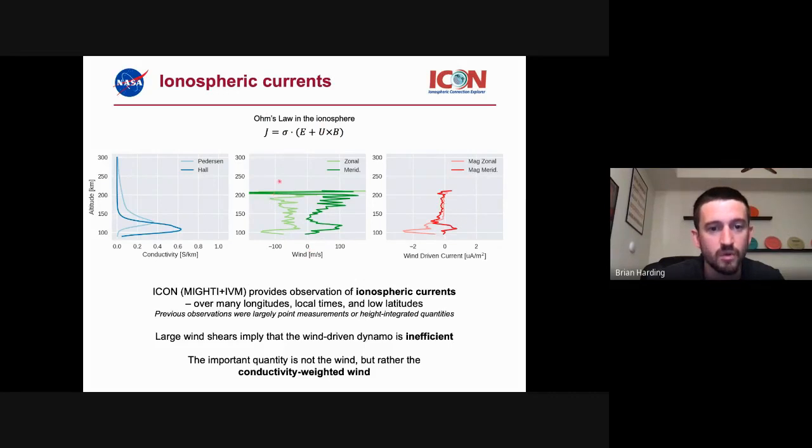So here's a wind profile, and then here's the wind-driven current. And then when you add IVM, you can get the electric field on that same field line and understand the total wind-driven current and actually resolve it in altitudes. And then you do this at one place, but you can leverage the global coverage of ICON to understand the distribution of the current profiles over longitudes, local times, etc.